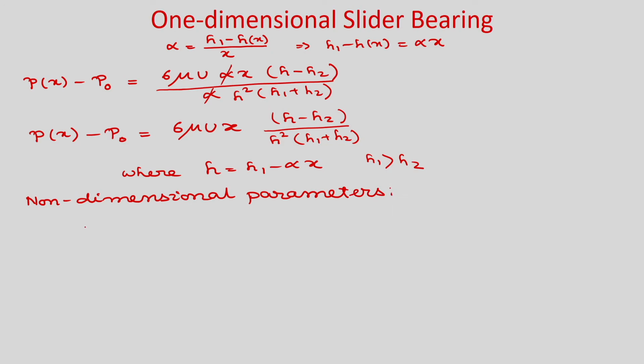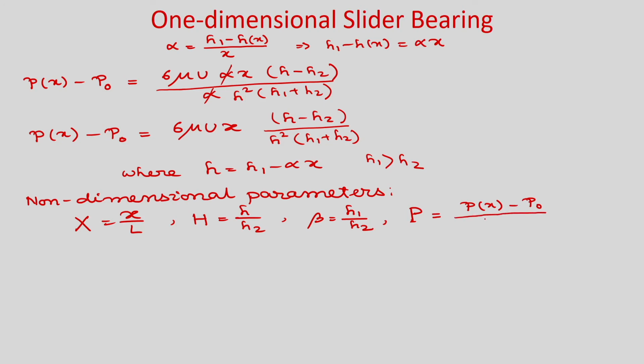Okay. So, we will use x equal to x by L, capital H as H by H2, and beta, which is known as the taper ratio, which is H1 by H2. And in this case capital P is the non-dimensional pressure difference, that is P x minus P naught divided by 6 mu u L divided by H2 square.